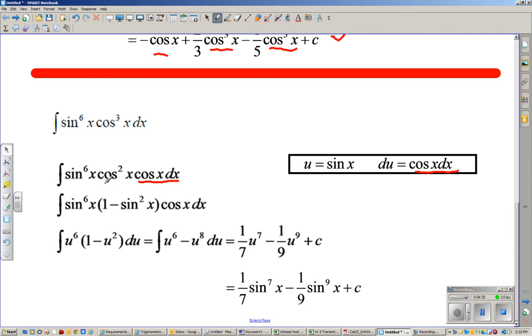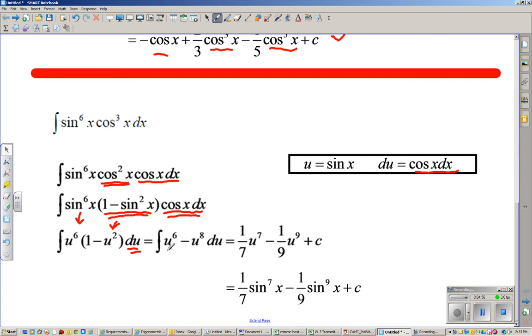You might say, well, wait a minute now. I've got this cosine squared x, but can I use that Pythagorean identity again and say it's 1 minus sine squared x? So if u is sine, I've got u to the sixth, 1 minus u squared, and my cosine x dx is my du.